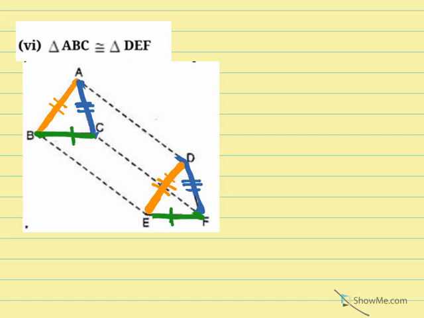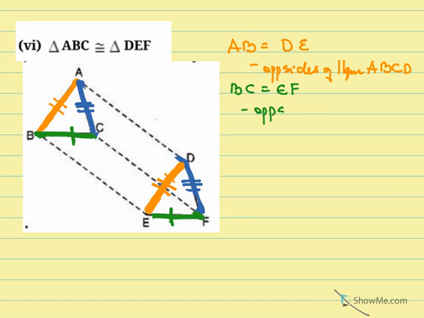So what can you say about triangle ABC and DEF? They're congruent by SSS test. So we need to write this. First we said AB was equal to DE, and the reason, opposite sides of parallelogram ABED. Then we said BC was equal to EF, again opposite sides of that green parallelogram, BCFE.